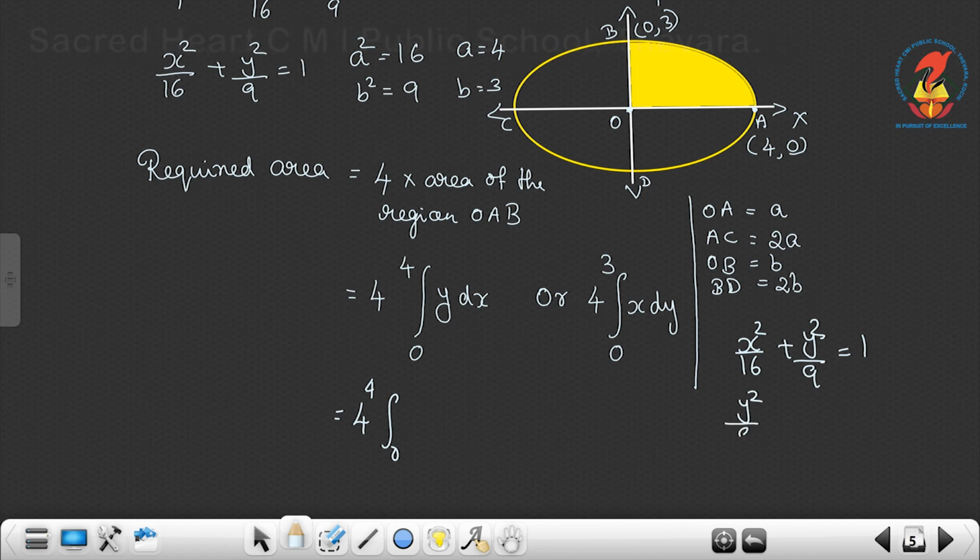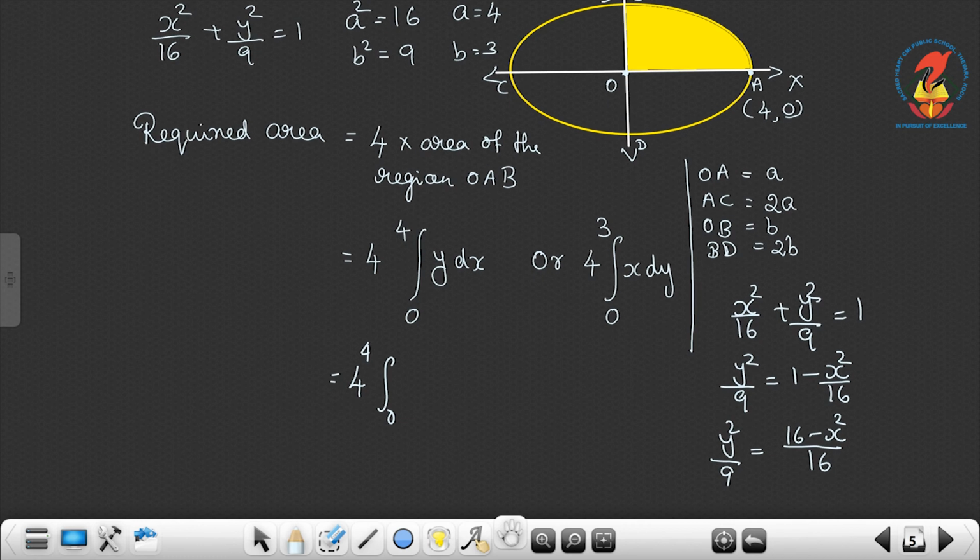So, what is y square by 9? y square by 9 is equal to 16 minus x square by 16, or y is equal to, taking 9 to the right side and taking the root, 3 by 4 root of 16 minus x square.